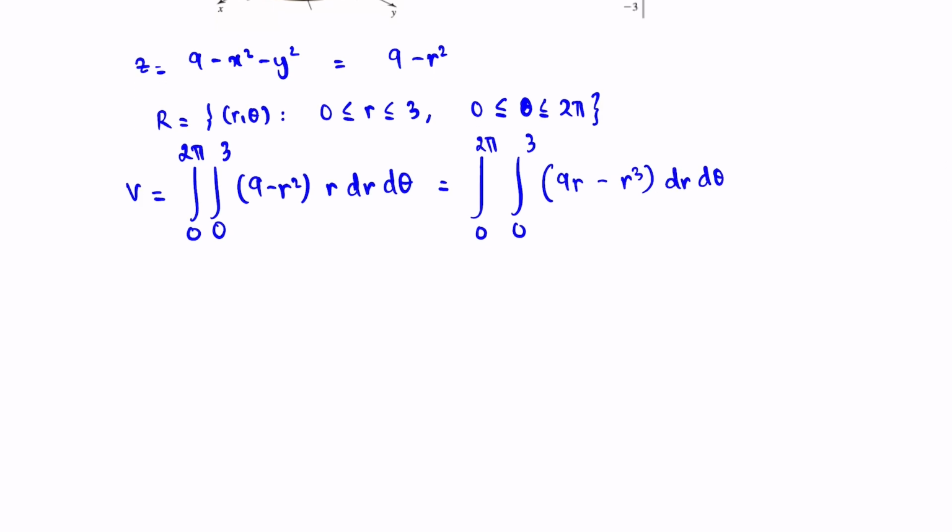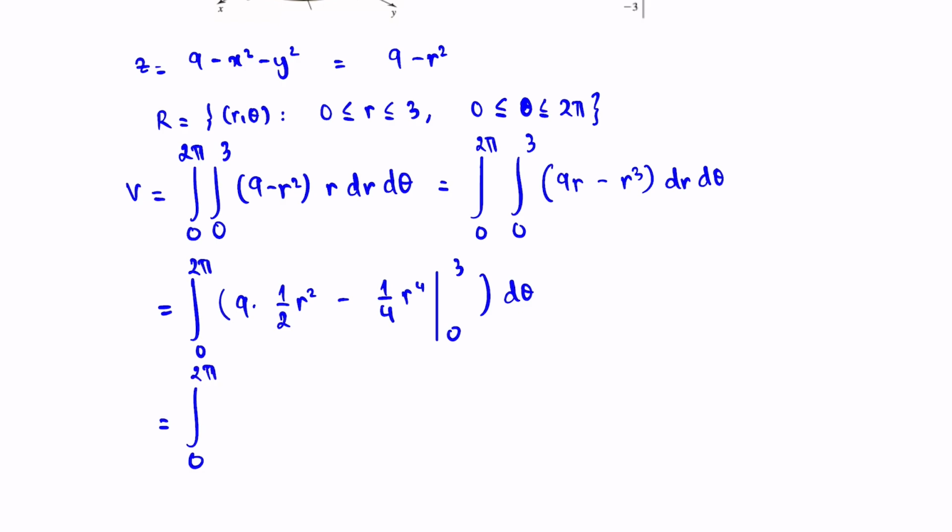So the antiderivative of 9r minus r cubed with respect to r is 9 times 1/2 r squared minus 1/4 r to the 4th, evaluated at 0 and 3, d theta. So you get the integral from 0 to 2 pi of 9 over 2 times 3 squared minus 0 squared, minus 1/4 times 3 to the 4th minus 0 to the 4th, d theta.